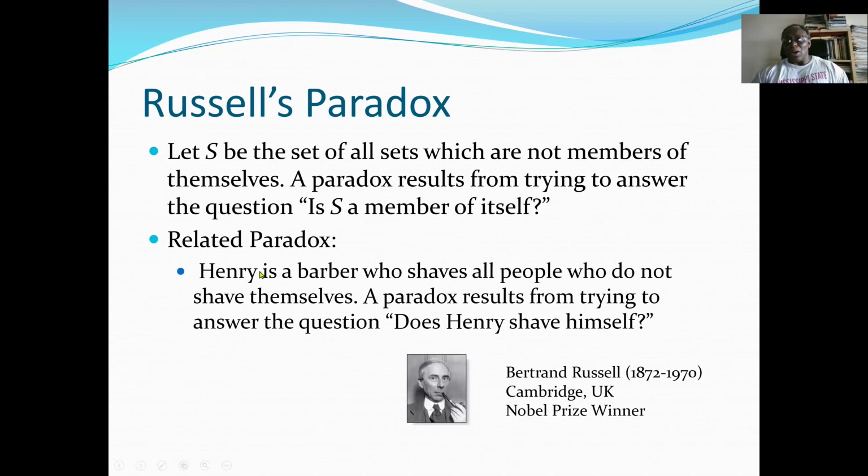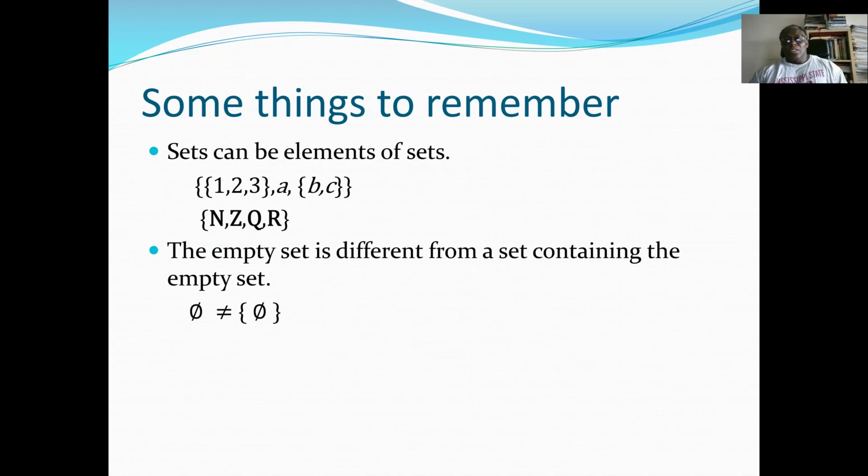If Henry is a barber who shaves all people who do not shave themselves, and if Henry doesn't shave himself, then that means maybe another person will shave him, or again, this is just a paradox. Now, some things to remember. We know sets can be elements of sets. So here we have a set that has 3 elements: 1, 2, 3. The reason we call this a set is because it's in the curly braces.